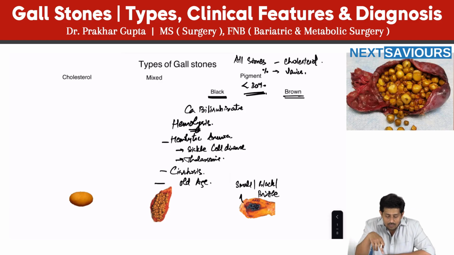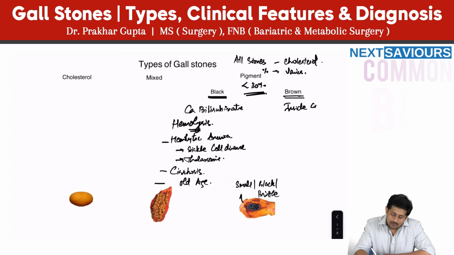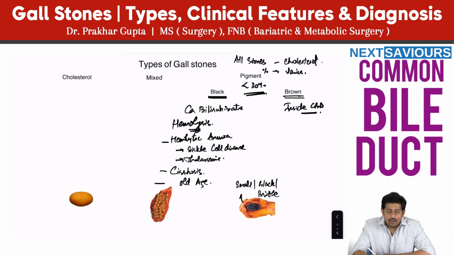Now all of the previously discussed stones, that is the cholesterol stones or the mixed stones or black stones, are usually formed inside the gallbladder. But on the contrary, these brown stones are formed inside the CBD, and they occur in patients who have certain predisposing problems.